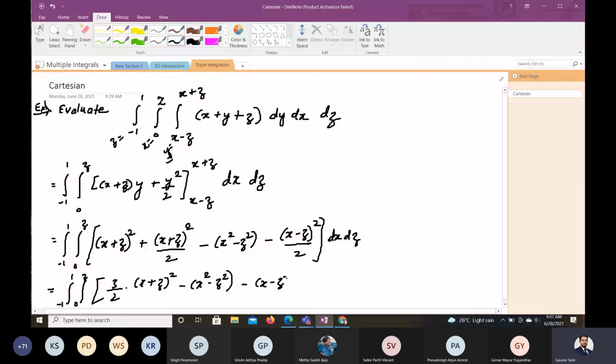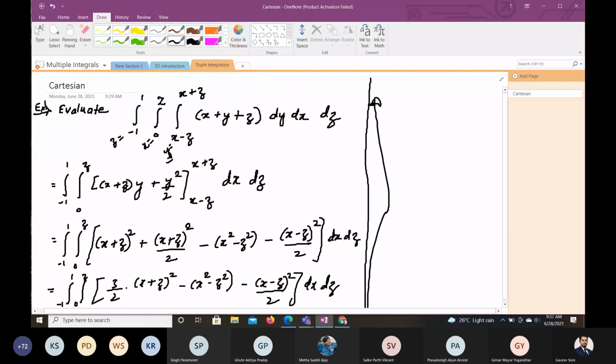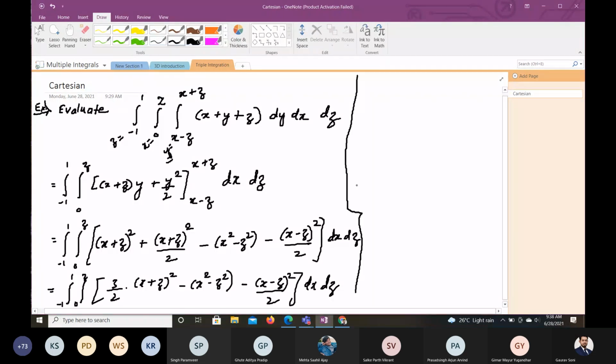Now the integration with respect to x, this is integration minus 1 to plus 1. We integrate this, we'll have 3 by 2 x plus z whole cube divided by 3. If we open the bracket, we have the integration with respect to x.